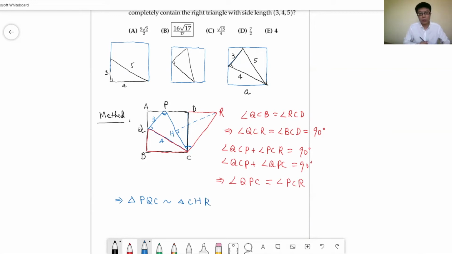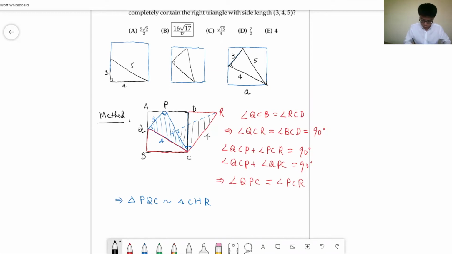Okay, these two triangles are similar. Maybe let me show you this triangle and this triangle. They are similar. And now we can calculate the length of CH because RC is QC. So this is also 4. Okay, and PC is 5.